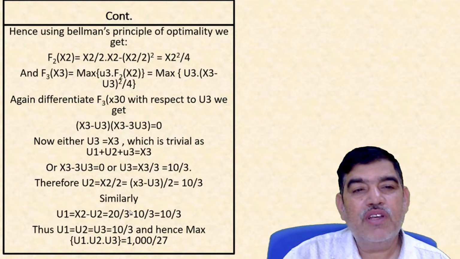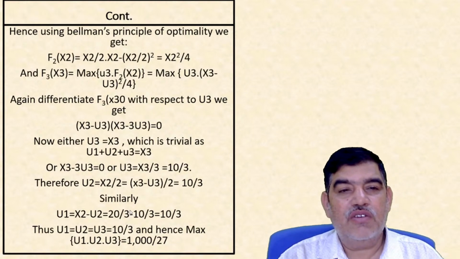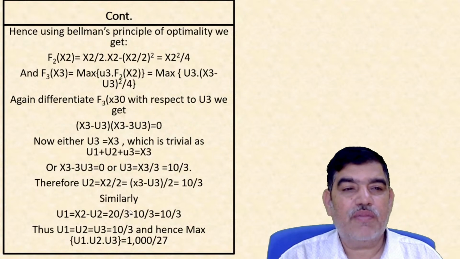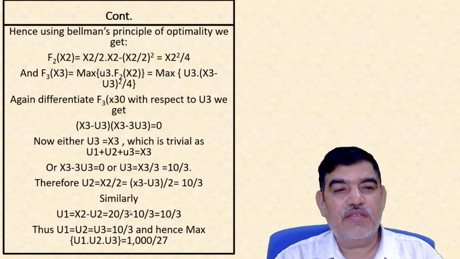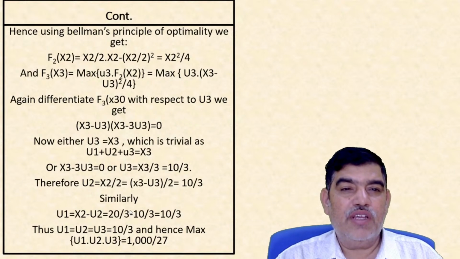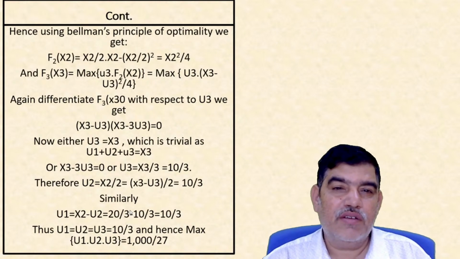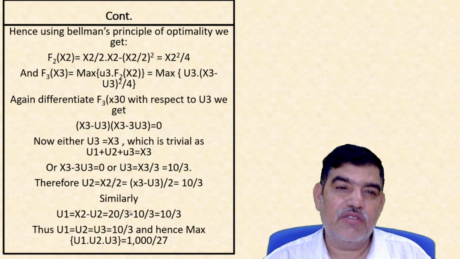F of x2 equal to x2 by 2 into (x2 minus x2 by 2) whole square. So what is actually the answer? x2 square divided by 4, and f of x3 equal to maximum over u3 of f of x2, that is maximum over u3 of (x3 minus u3) whole square divided by 4.